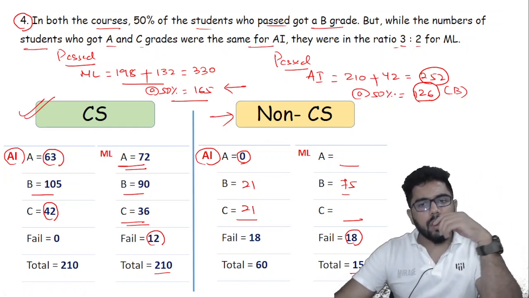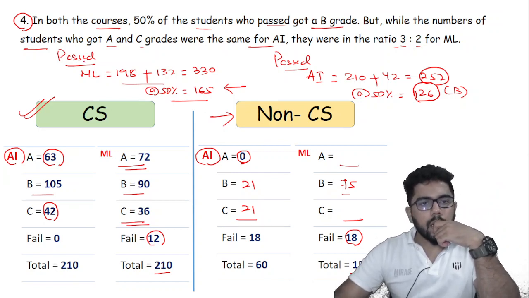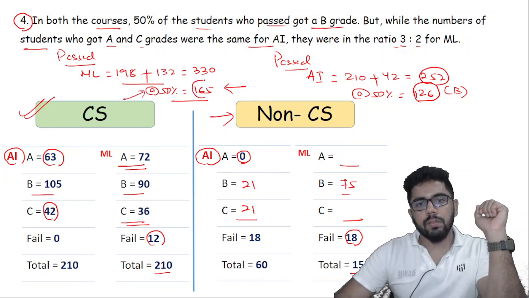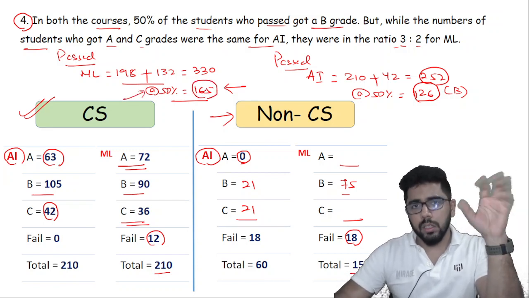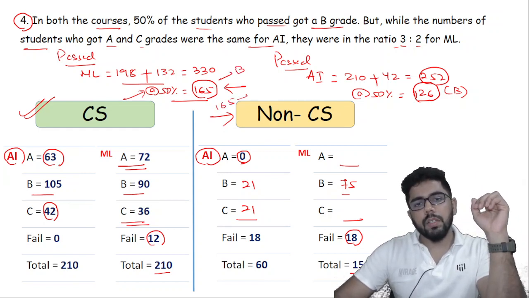Now think about this. In the ML program, 50% of the students who passed have got a B grade, 165. So another 165 students would get A and C grades.